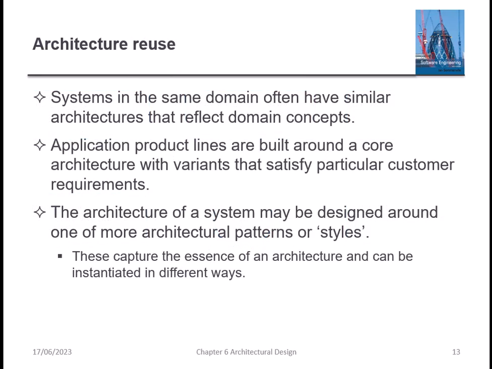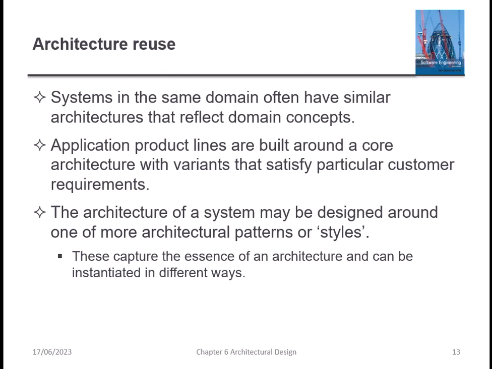Architecture reuse. As I stated, reuse is a non-runtime quality attribute, and that is achieved through architecture. Systems in the same domain often have similar architectures that reflect domain concepts.